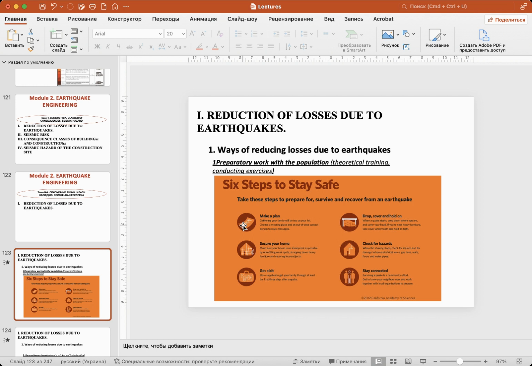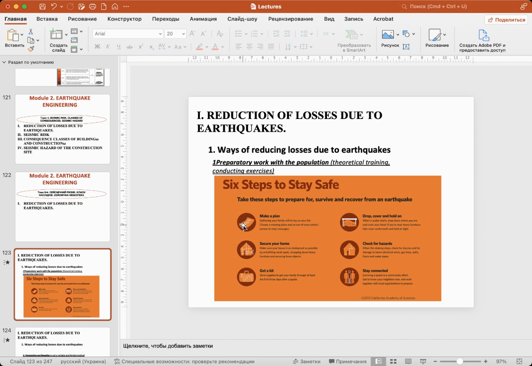The next step to stay safe during the earthquake is to get a kit. We are people living in a country at war, and not each of us has a kit for the case of a missile attack on our buildings.